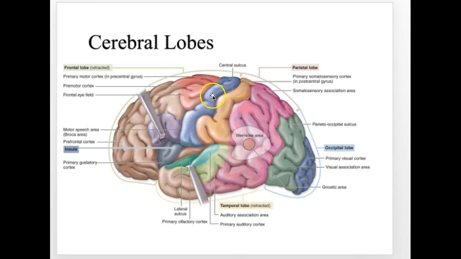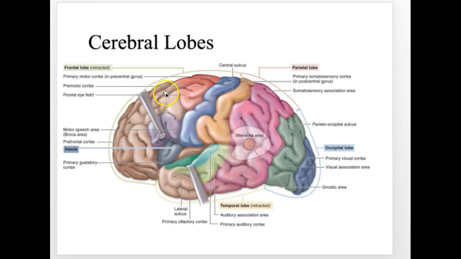So examples to point out here include, in orange, the primary somatosensory cortex, and on the other side of that, what we call the dividing line, the central sulcus, is the primary motor cortex.